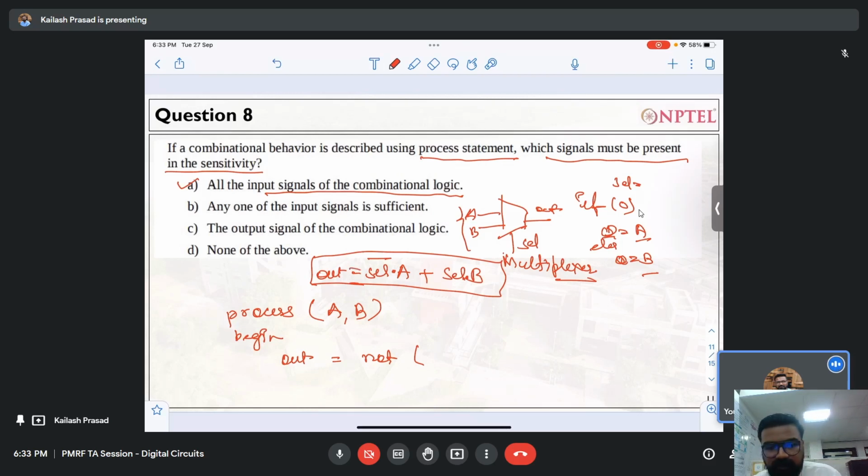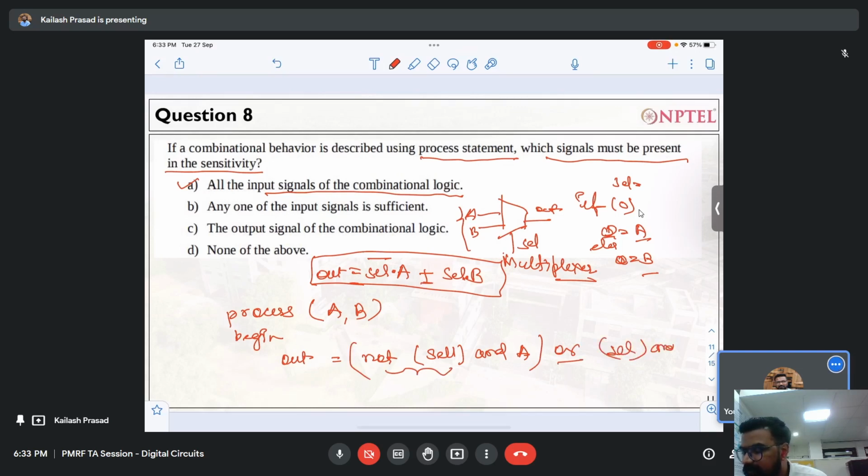So what I will do here is not of select, and a, so I will put a bracket, not of select, select bar a, or means plus, select and b. This is how you write it in HDL, and then you will end process. You will write end process.